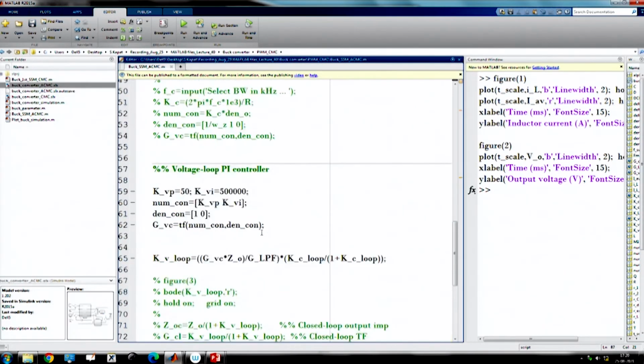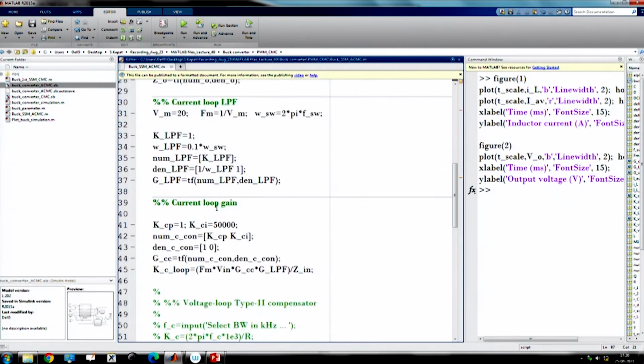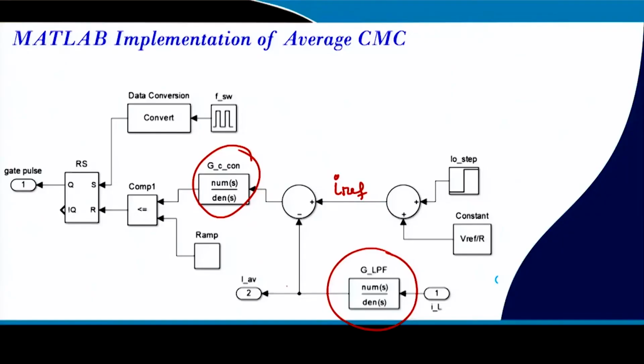We want to slow down also the integral. So one by one, slowly we reduce the integral gain. Why? Because if you go to the current controller gain, what is our current controller gain?